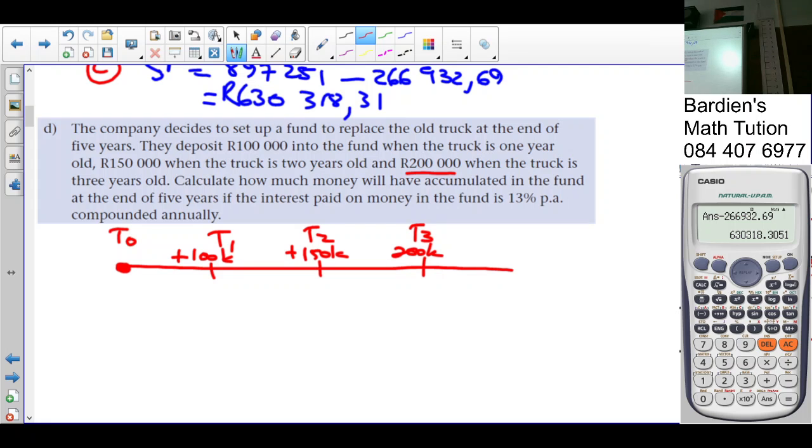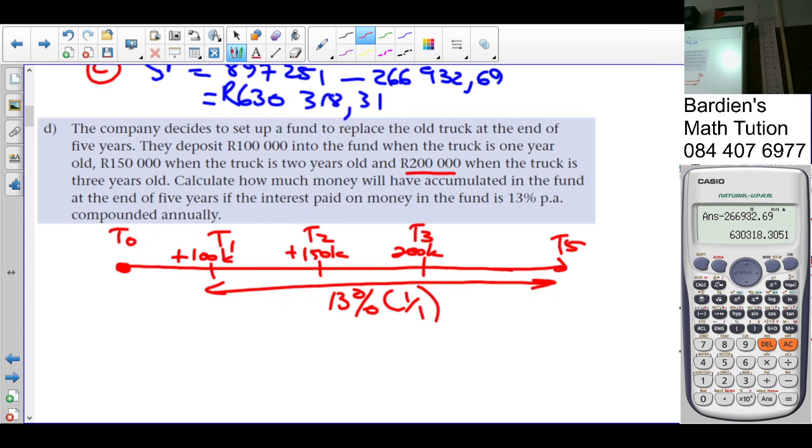Okay, calculate how much money will have accumulated in the fund at the end of 5 years. So T5. If the interest paid on the money in the fund is 30% per annum compounded annually. Okay.